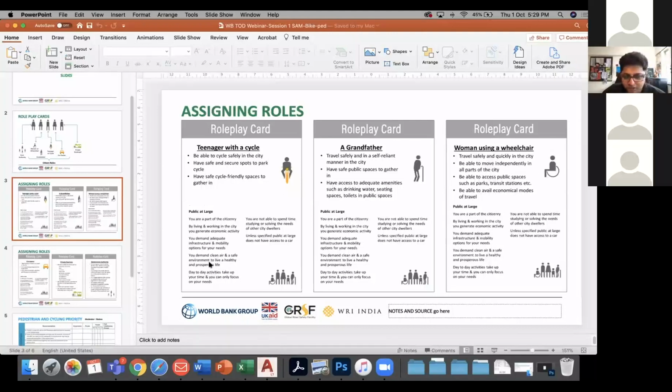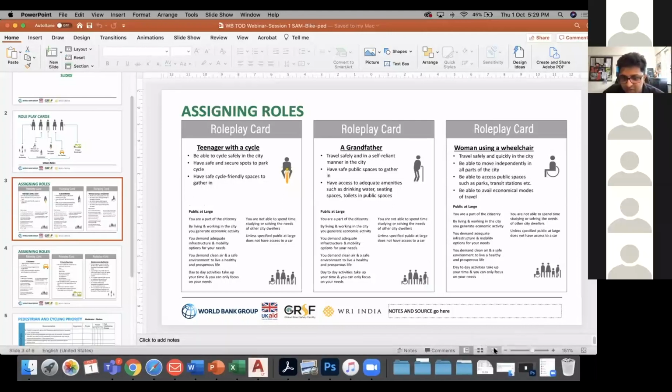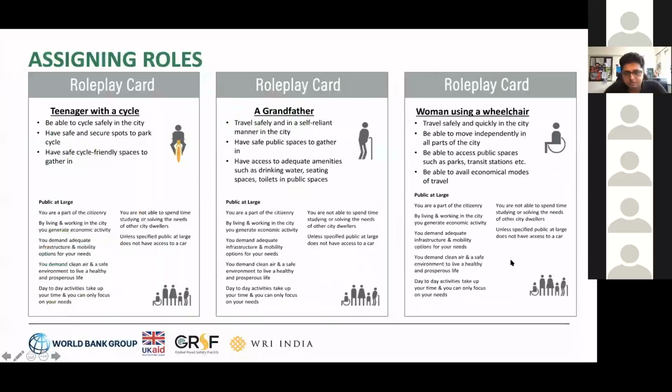Okay, so with that distribution of roles, I'll leave the screen for about 30 seconds for you to run through this information. This is basically talking about what your scope or limitation is with respect to your role.